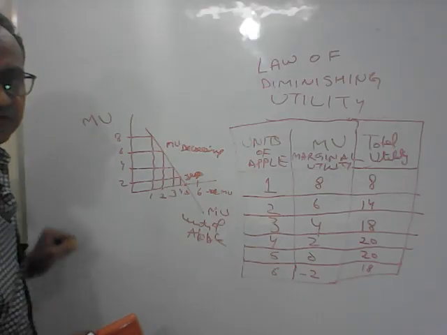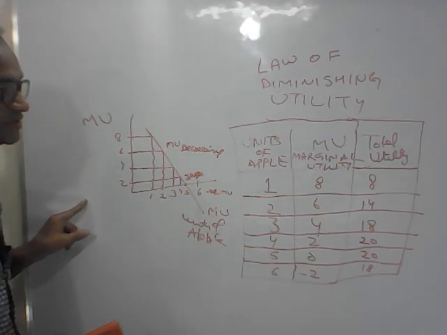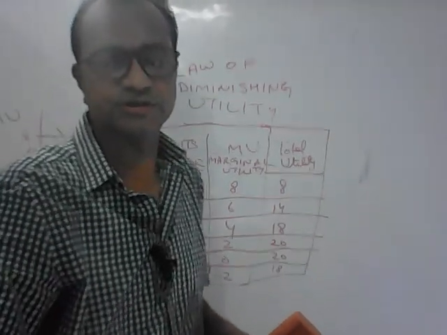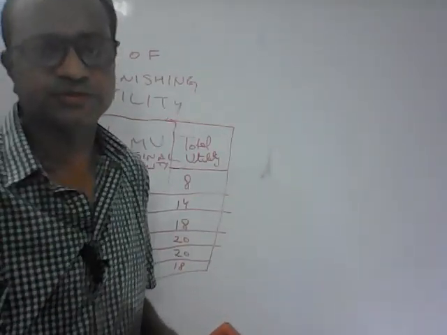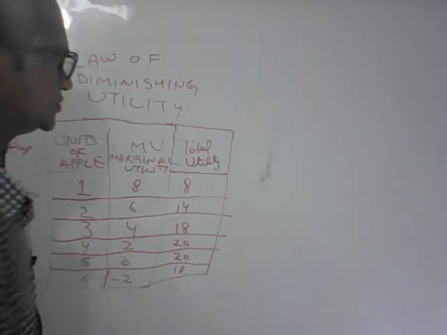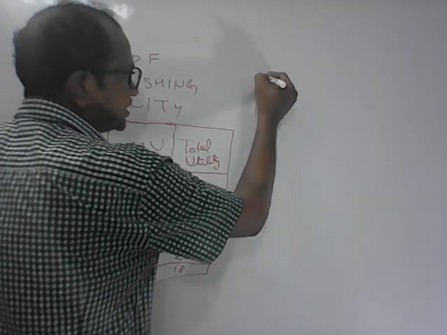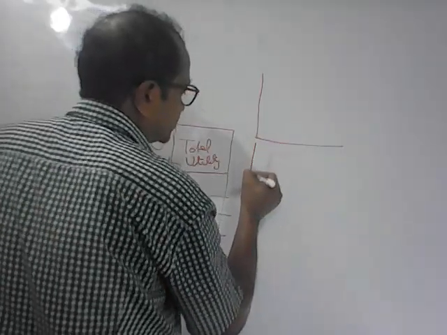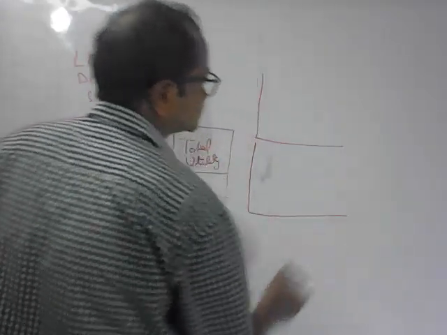I am just making one more diagram. This is the diagram of total utility and marginal utility as a combined diagram.